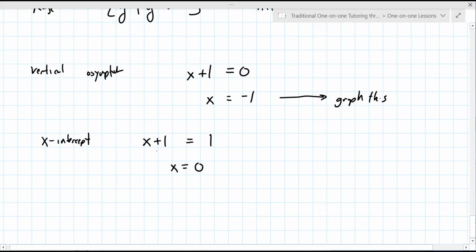So x plus 1 equals 1, and you just subtract 1 from both sides, so x is 0. And then the y-intercept is f of 0, which you have from earlier. Do you remember that value? It is 0, yeah. So this gives us enough to start graphing this.